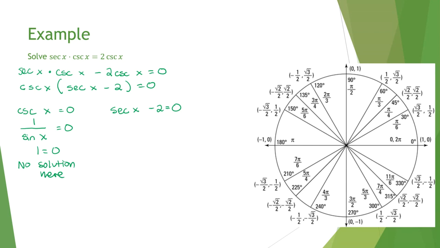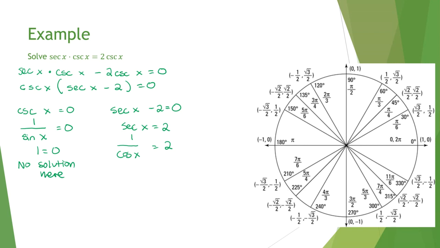So let's solve the secant part. I'm going to add 2 to both sides to get secant of x equals 2. Now secant is 1 over cosine, so I'm going to convert this to 1 over cosine of x equals 2. And I can take the reciprocal of both sides to get cosine of x, or I can multiply both sides by cosine x and then divide everything by 2.